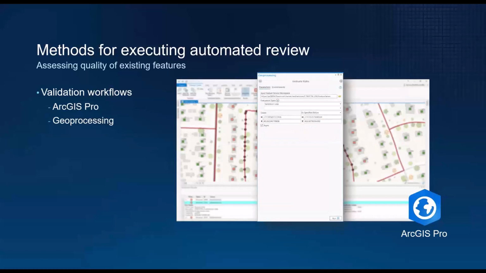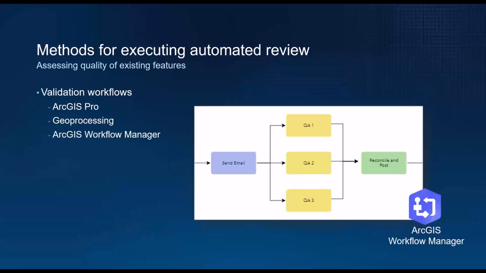Alternatively, you could say, look, I want to just automate this process, so I might use a geoprocessing tool to validate features either in an ad hoc way, or I might schedule that to run automatically for me using the scheduler. If I'm a user of the ArcGIS Workflow Manager extension, there's a quality control step in the latest release of Workflow Manager. It allows you to build it in as a step in a larger workflow where it's completely hands-off and runs automatically for you.